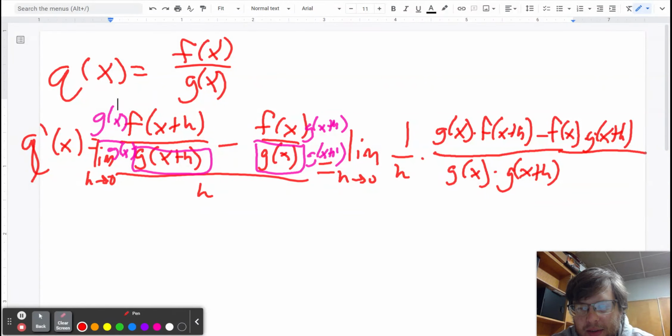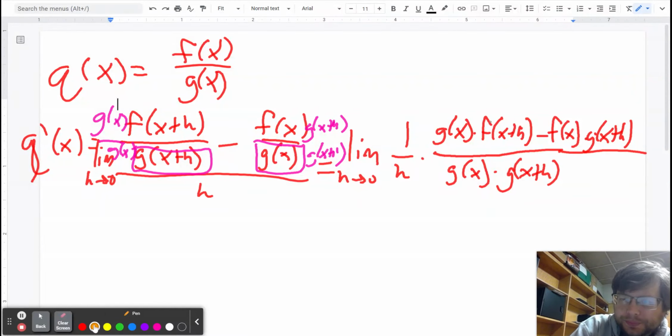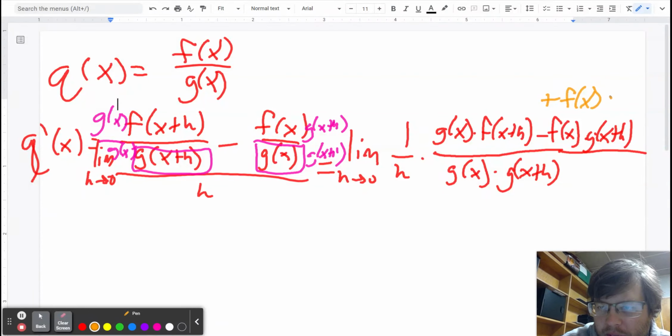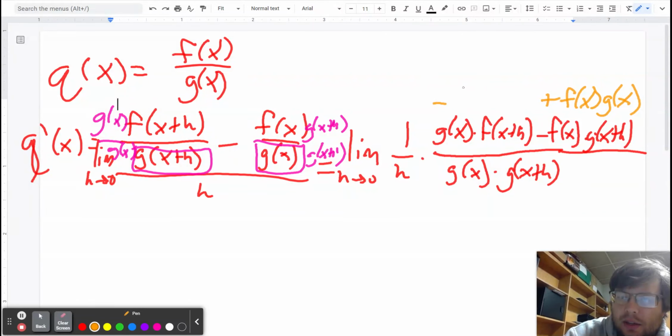So we're going to add a version of 0 again. It doesn't seem to me to matter too much what version of 0 you add. Let's add in a positive f of x times g of x, and we'll also add in a negative f of x times g of x.